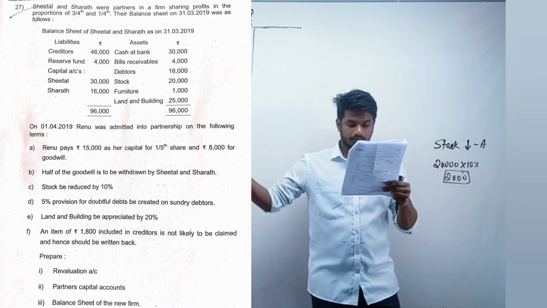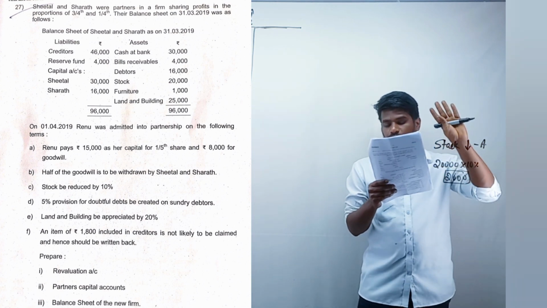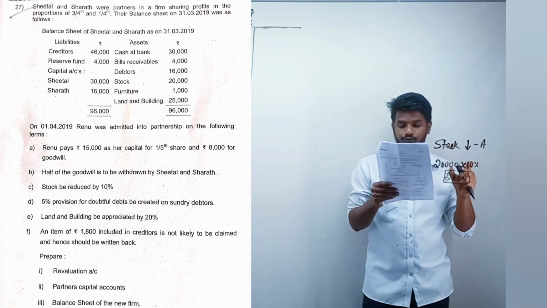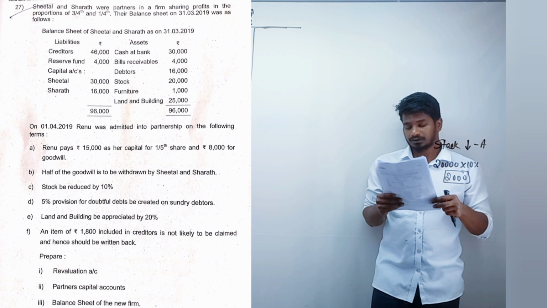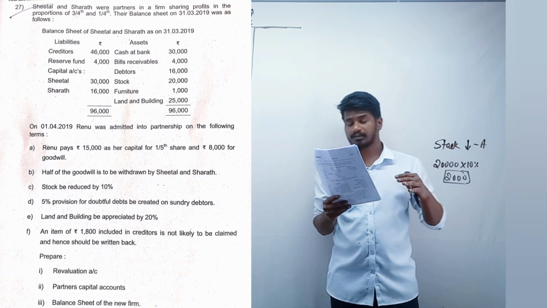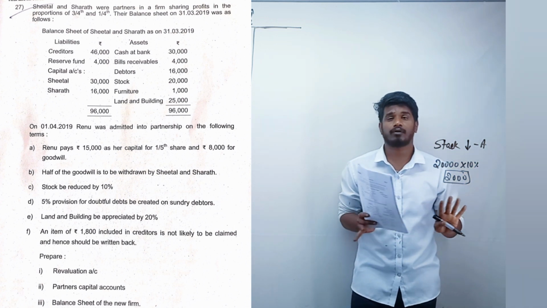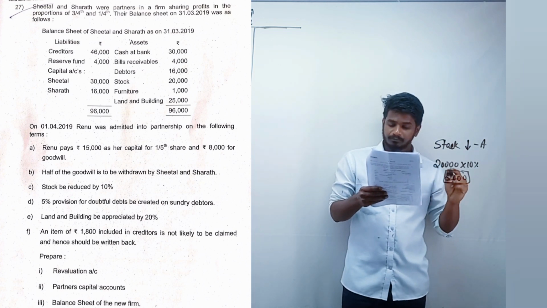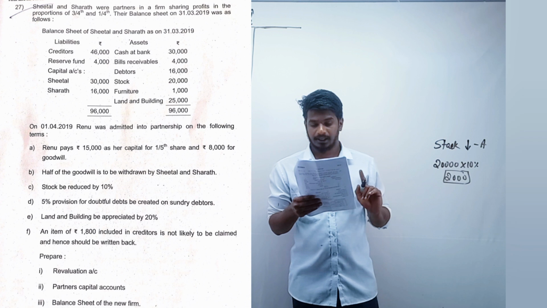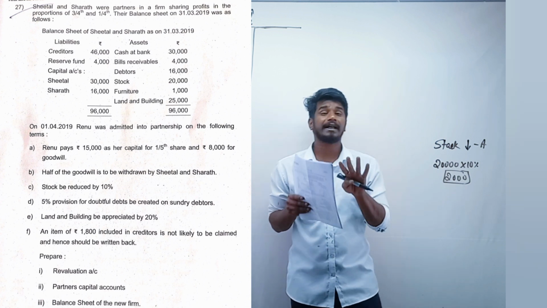Next, read the D point. 5% provision for doubtful debts be created on sundry debtors. So on sundry debtors we should create a 5% provision for bad or doubtful debts. Let us calculate first. Where are the sundry debtors?